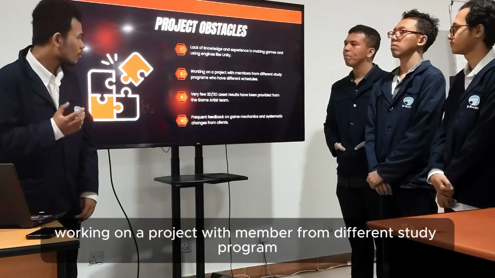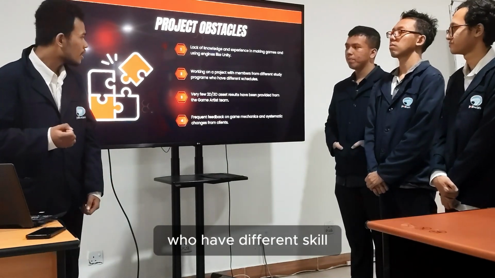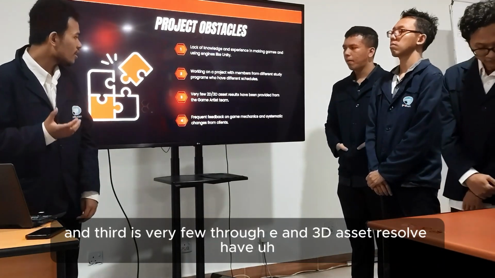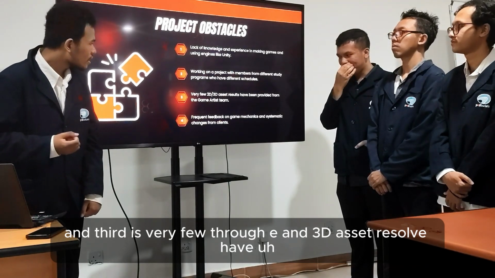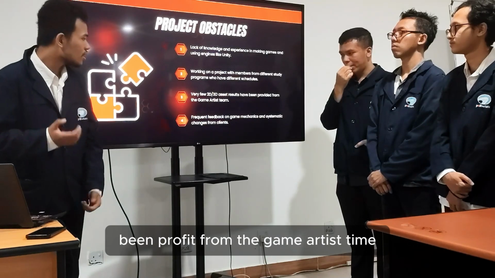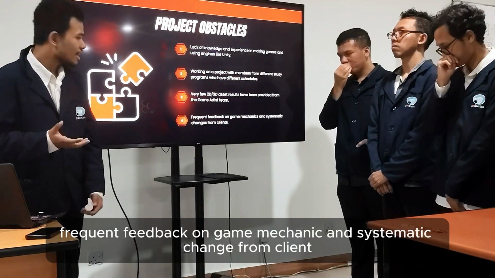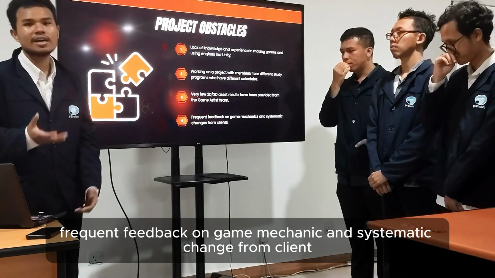The second, working on a project with members from different study programs who have different skills. And third, very few 2D and 3D assets have been provided by the game artist team. And last, frequent feedback on game mechanics and systematic changes from the client.